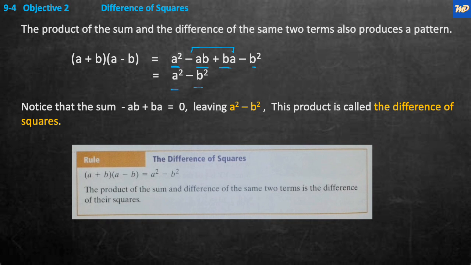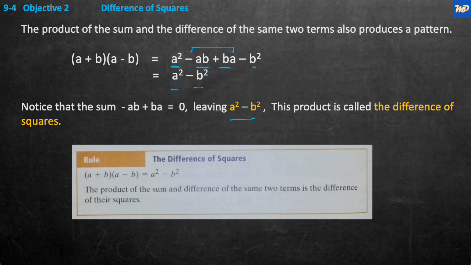So this, the difference of squares: a plus b times a minus b gives you a squared minus b squared. And note here, it says that the minus ab and the positive ab equals 0. So it leaves us with a squared minus b squared. This is called the difference of squares.